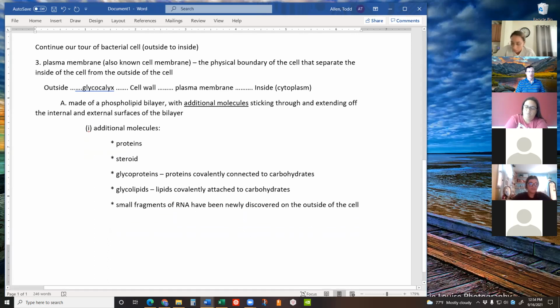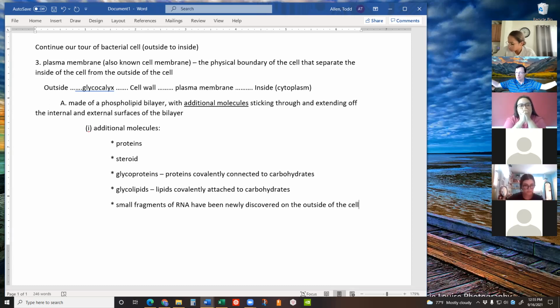Suffice it to say, everybody thinks that the plasma membrane is just the phospholipid bilayer, and that's certainly a huge important part. I mean, that's like the big honcho, right? But there's all these other varieties of small molecules sticking through the bilayer or hanging off the inside or hanging off the outside that do things that allow the cell to interact not only with the internal environment of the cytoplasm, but the external environment of wherever the cell happens to be floating around.